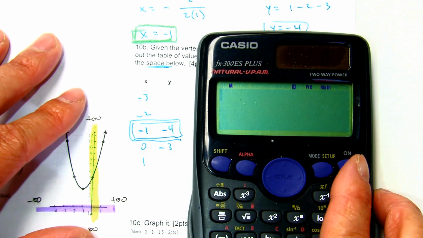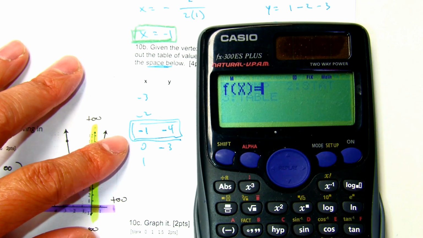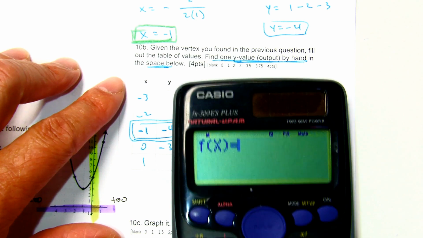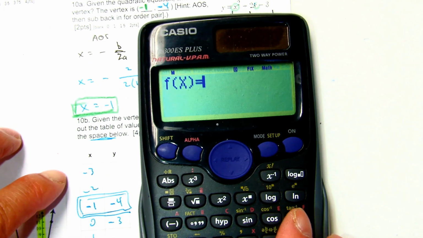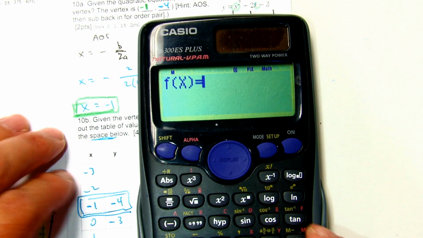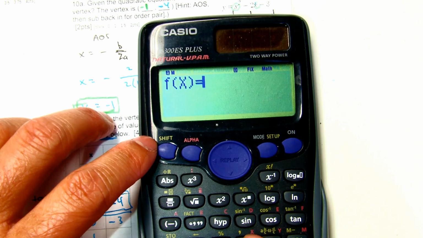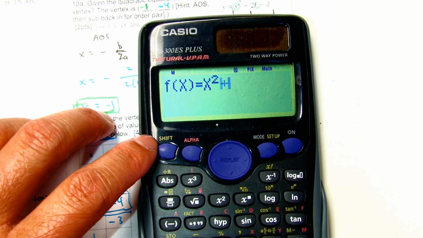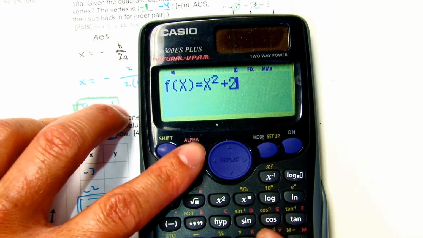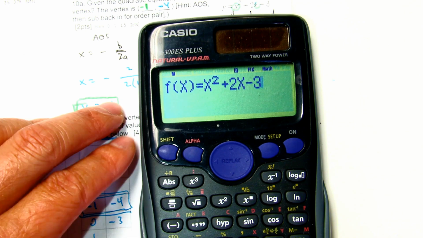I'm going to show this by Casio. Mode, table number 3. I'm going to put in my function here. X squared. So alpha, right parentheses, squared, plus 2 times alpha, parentheses, minus 3. Press equals.